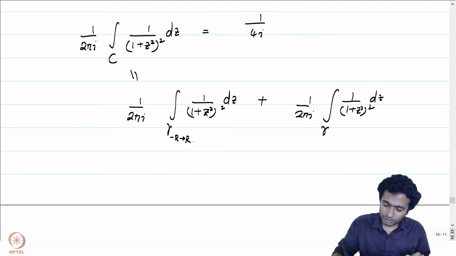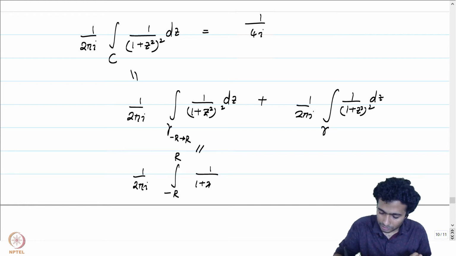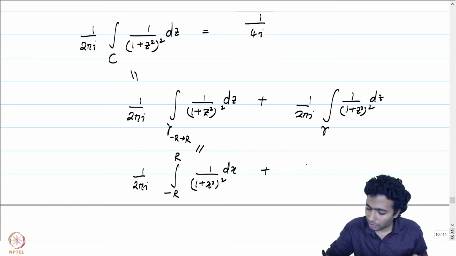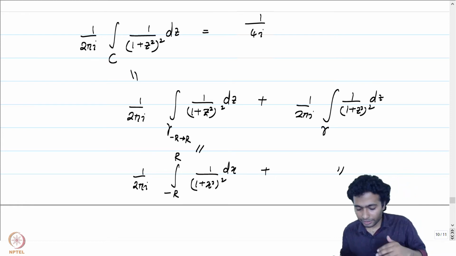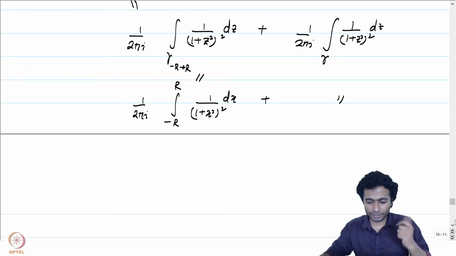The first thing to note is that this is again equal to 1 by 2 pi I times the integral from minus r to r of 1 by (1 plus x square) the whole square dx plus the same, and it is the limit of the thing on the first term as r goes to infinity that we are interested in.